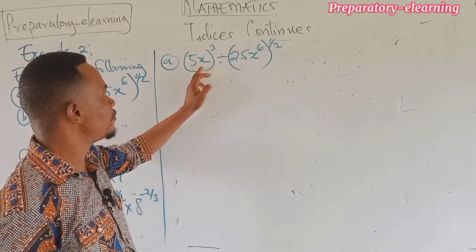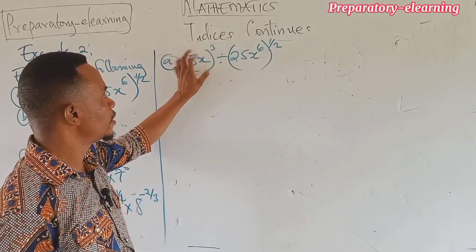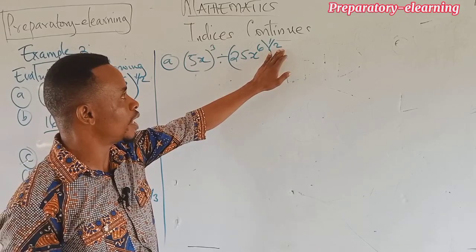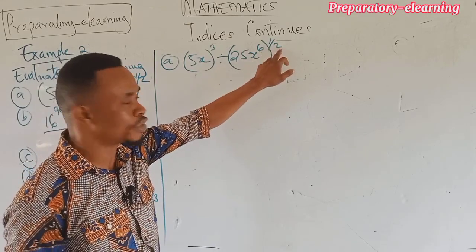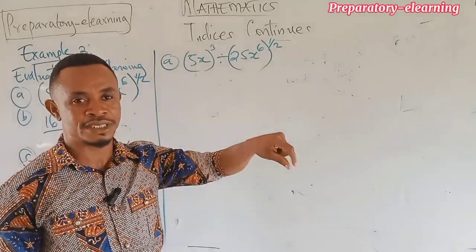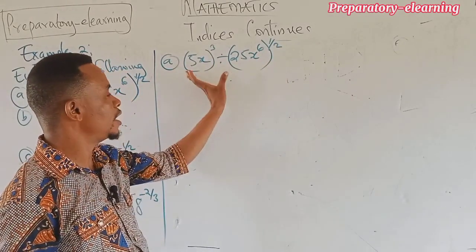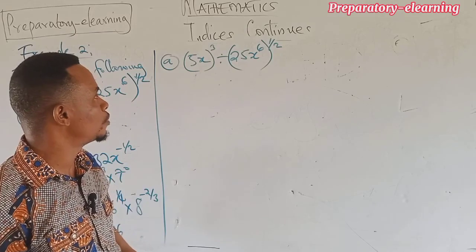This one has the power law, the division law, the power law again, and the root power law as part of this. So you have a whole lot of laws playing out, but that is still very, very simple.